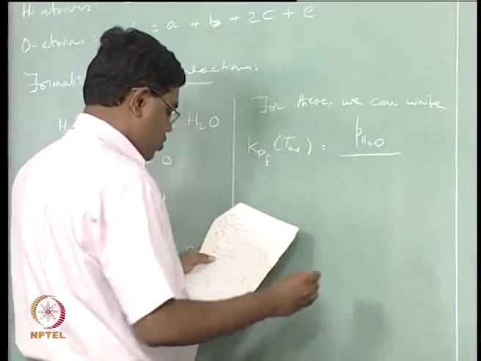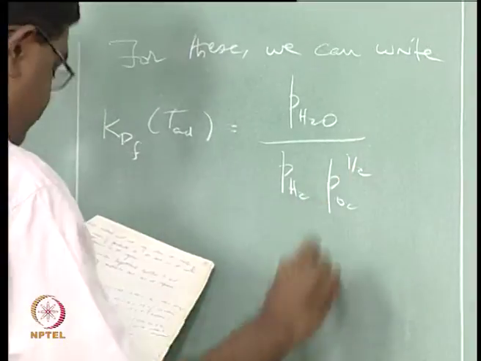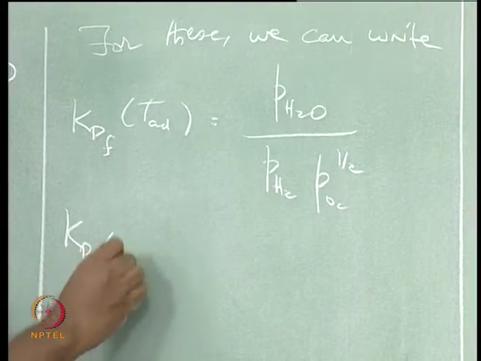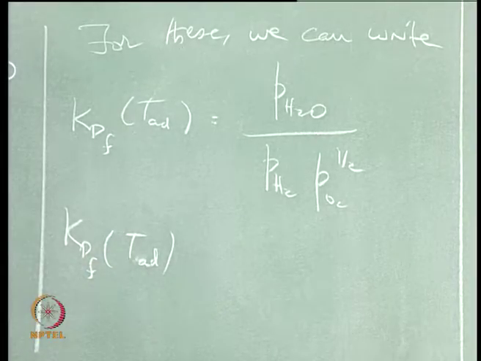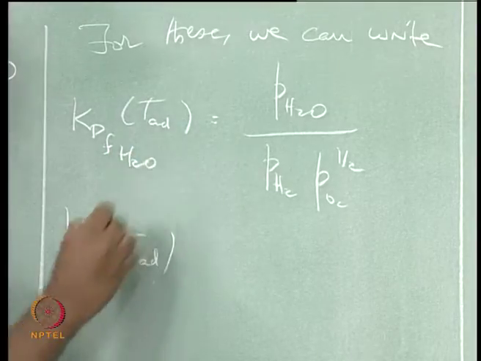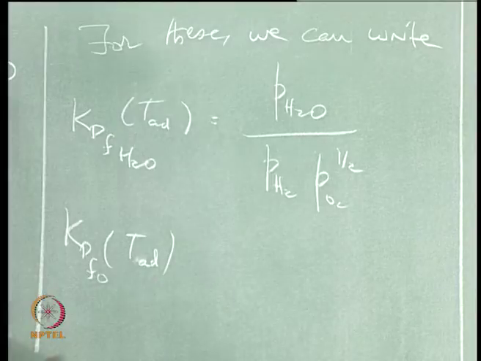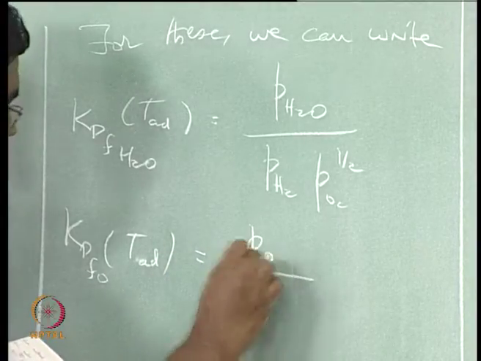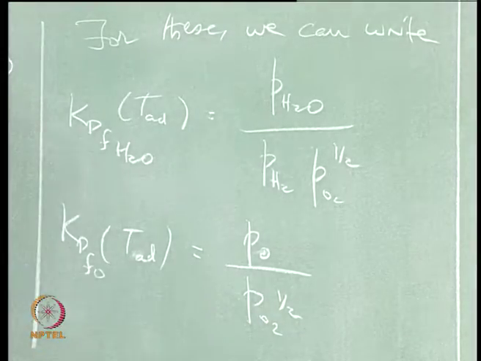So Kpf for water at T adiabatic equals pH2O divided by pH2 times PO2 to the half. We have to have the subscript here for, let's say, O, then it is Kpf,O at T adiabatic equals PO divided by PO2 to the half.